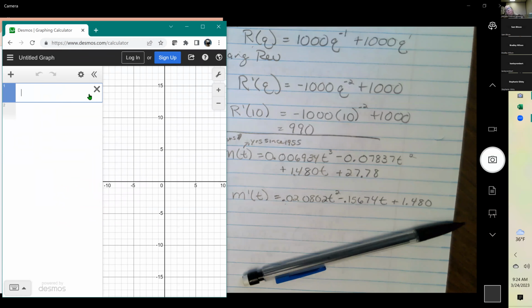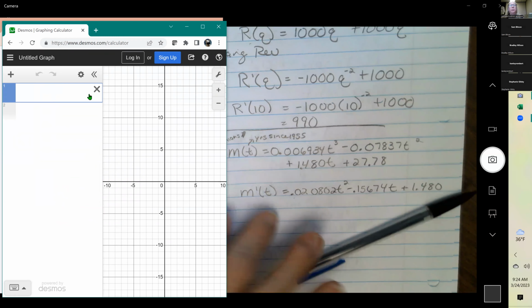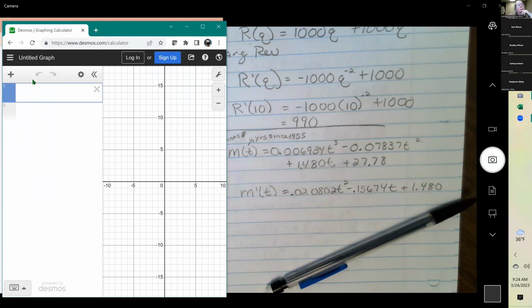So to put this into a table, since we have several to plug in, you can click on the plus sign and go to table.